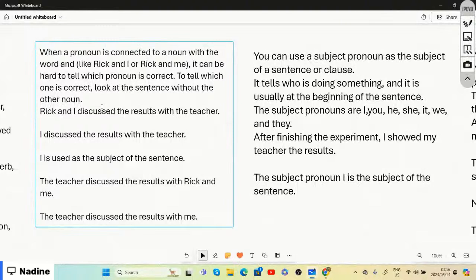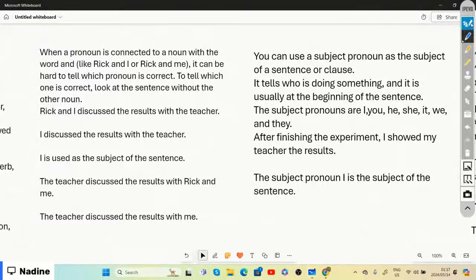So in order for us to tell which one is correct, we need to look at the sentences without the other noun. And we're going to look at a few of those now. It says, Rick and I discussed the results with the teacher, right? So we can say that I over there is the subject pronoun, the subject of the sentence.